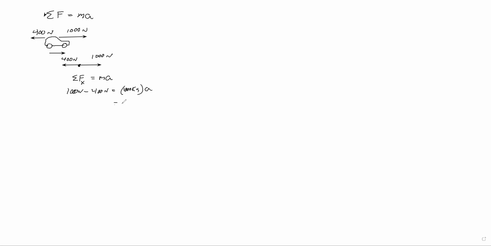If we solve that, we have 600 newtons on the left-hand side and 1,000 kilograms times a on the right-hand side. Solving for a comes out to be 0.6 newtons per kilogram, which is equivalent to 0.6 meters per second squared.